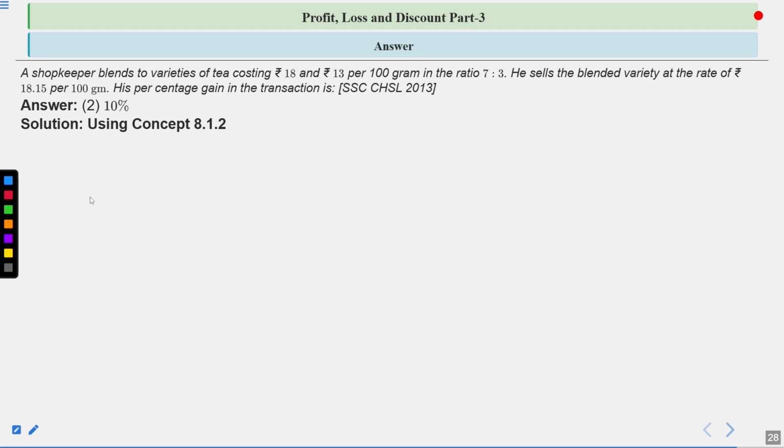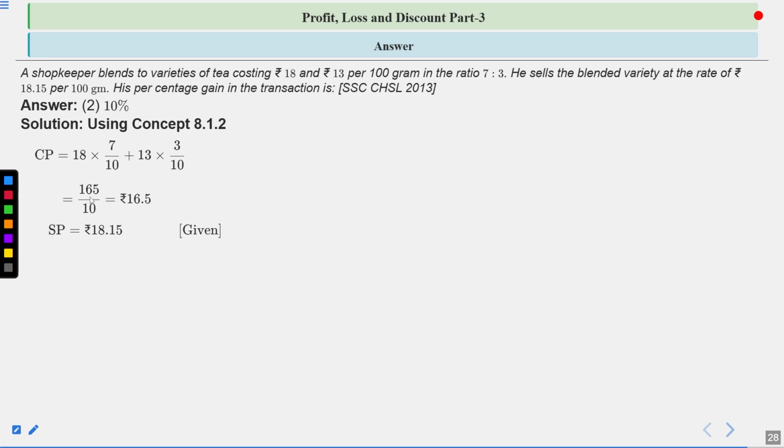Now see the detailed solution using concept 8.1.2 in this question. Cost price becomes 18 into 7 by 10 plus 13 into 3 by 10. So we get 165 upon 10, which is 16.5 rupees. And we know the selling price, which is given as 18.15.